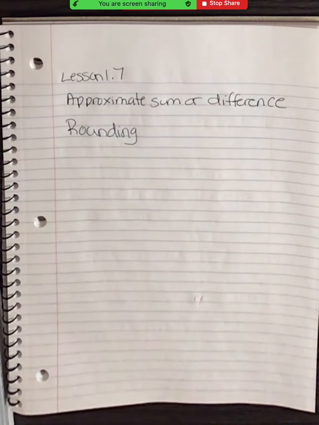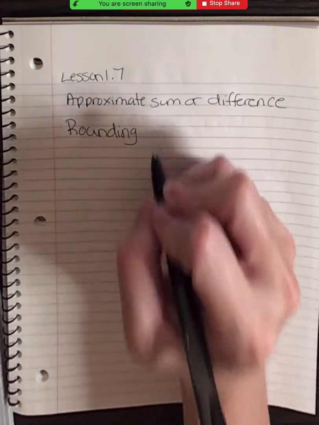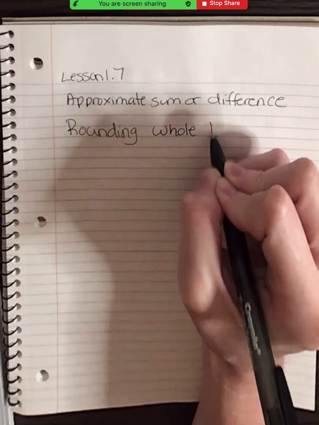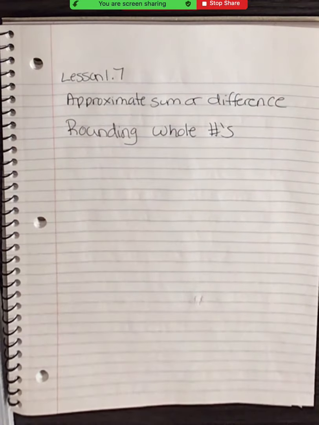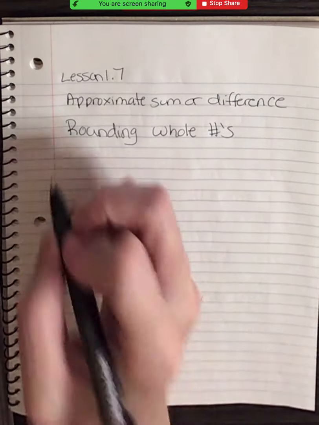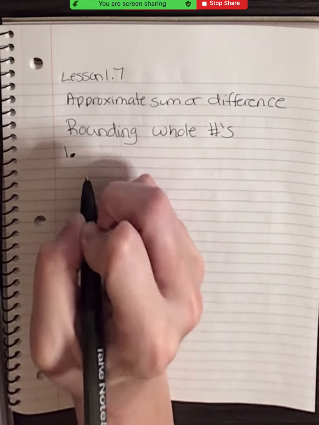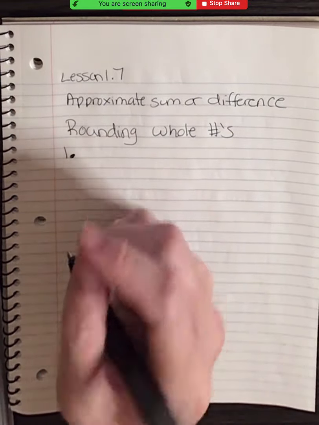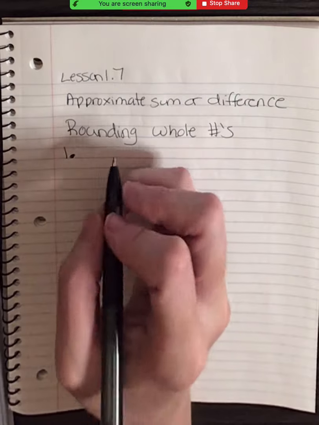And rounding whole numbers depends on the place value you are rounding to. So two general steps. The first is just that: identify the place to which you are rounding.